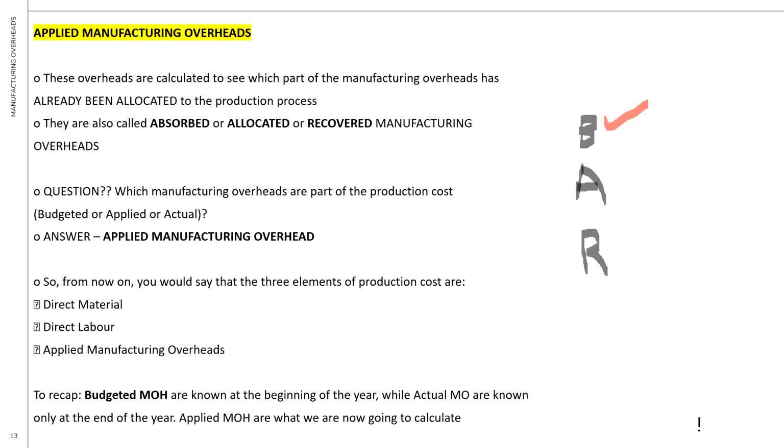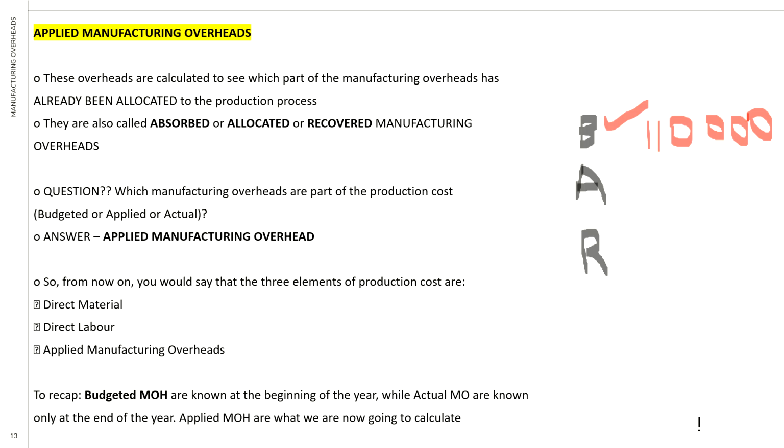Let's say management plans that we are going to pay 110,000 for this year for manufacturing overheads. So this is planning, okay? And then the year goes on and goes on and goes on.